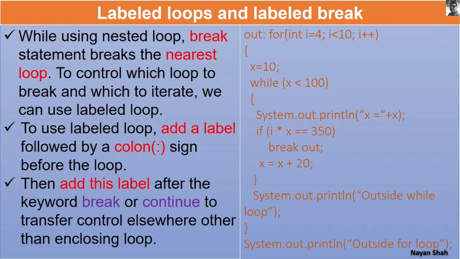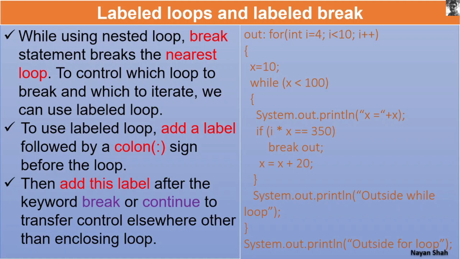The last topic of chapter 7 is labeled loops and labeled break. What is a labeled loop and labeled break? First, let us understand. When we create a nested loop, suppose there is a loop 1, and inside that there is a loop 2. Now in loop 2, if I write a break statement, it will break only loop 2.